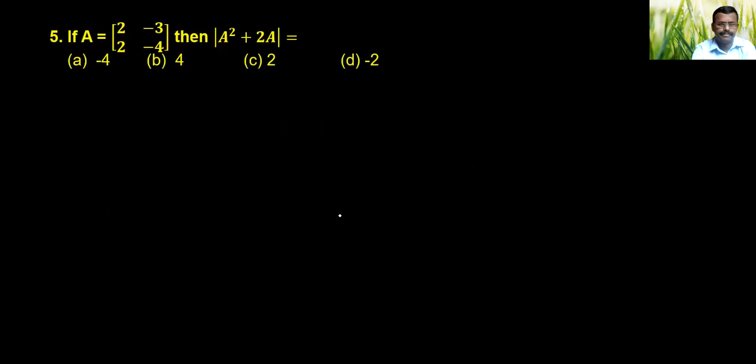Question number 5. If A is 2 minus 3, 2 minus 4, then find the determinant of A square plus 2A. Here there is a shortcut.